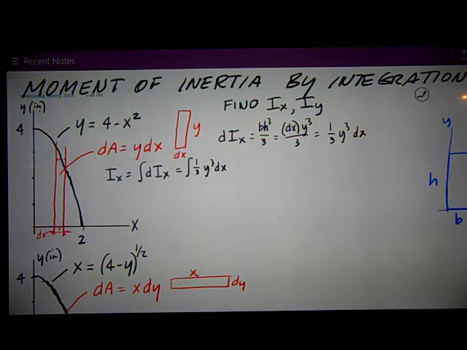Well, in this case, y is equal to 4 minus x squared. So we'll bring the 1/3 out of the integral: 1/3 the integral of y cubed, where y is 4 minus x squared, cubed, dx.